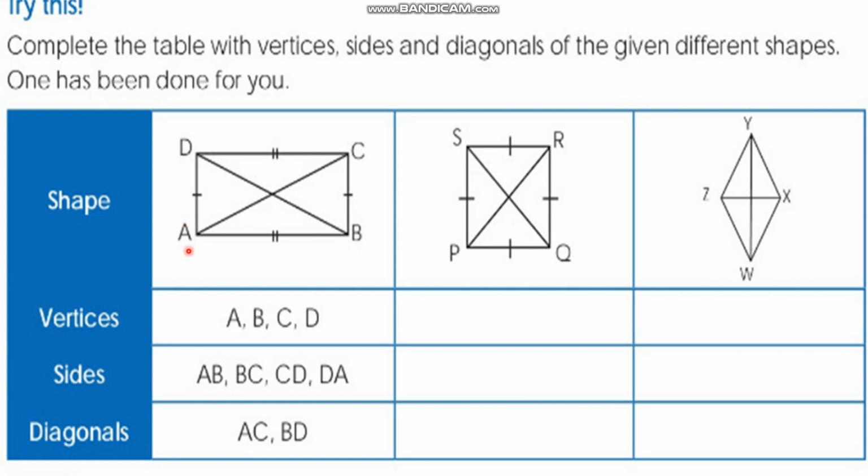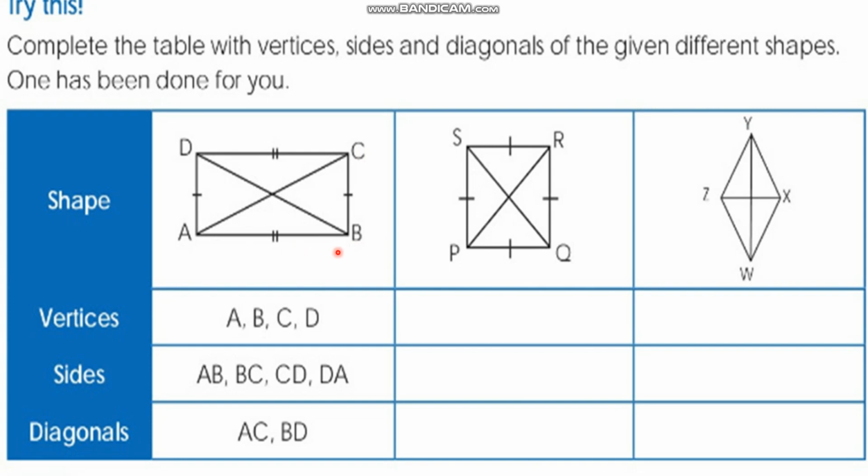DA is a side. So, my dears, we can write this in reverse also. Instead of DA, we can write AD also. Okay, that is also the same. Any one of that you can write, DA or AD. Got it? Okay, so AD, DC, CB, BA.